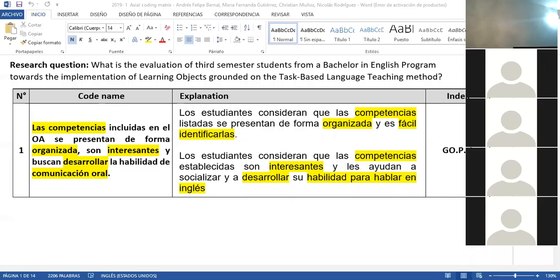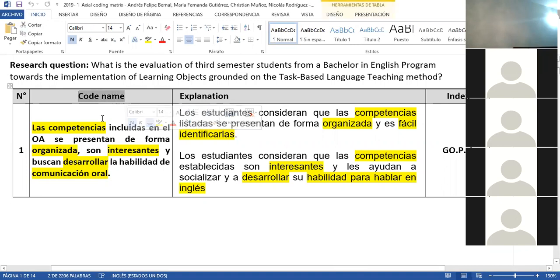Okay, so as you see on my screen, I'm sharing the matrix that you used to classify the data. The idea was to write, on the left in the second column, the one that says code's name, the new code. And in the third column, the idea was to write exactly the words that the participants, the interviewees, used when they gave their opinion about different aspects of the learning object.